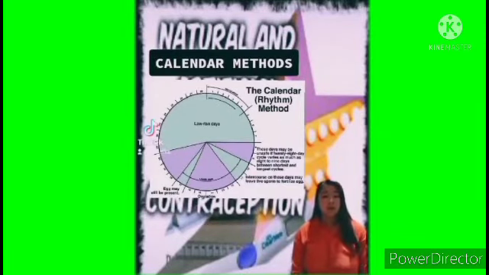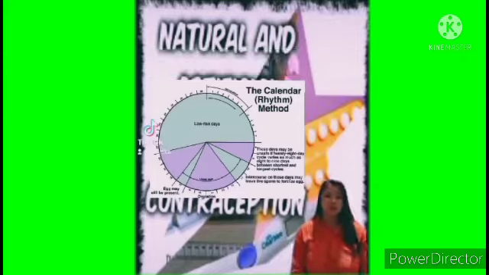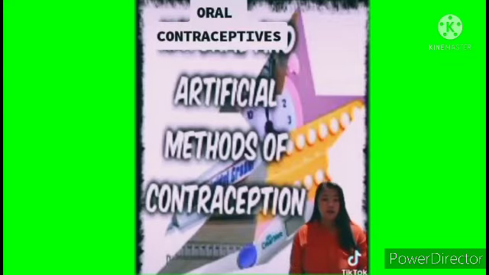These natural methods of family planning involve refraining from coitus during the days that the woman is fertile, according to the menstrual cycle, 3 to 4 days before and 3 to 4 days after ovulation.